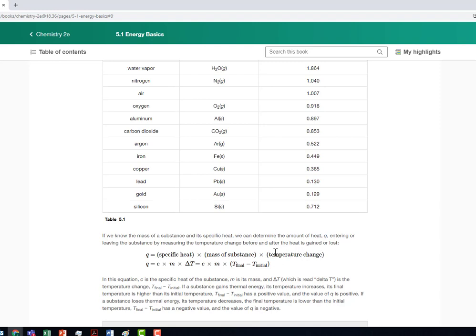You might often be given in the question not a temperature change, but a final temperature and an initial temperature. So what you would do is take the final minus the initial to give you the delta T, and then you would just multiply those three things together to get the heat transfer.